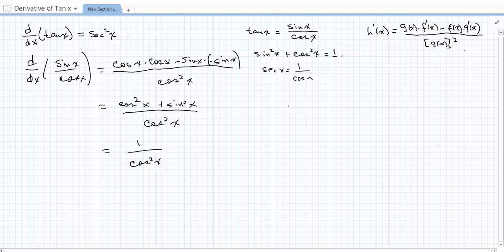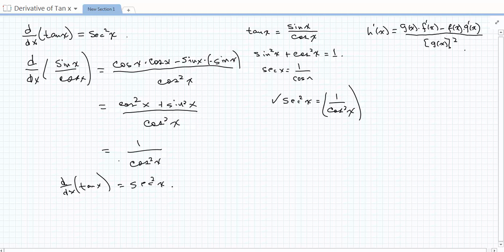So if we square both sides, we get secant square of x equals 1 over cosine square of x, and we replace this with this here. So we have that the derivative of the tangent of x is indeed secant square of x.